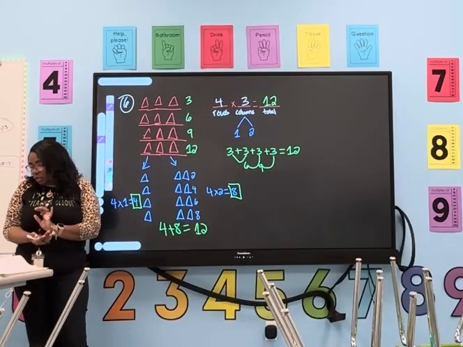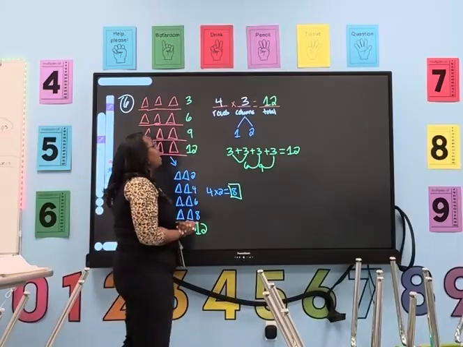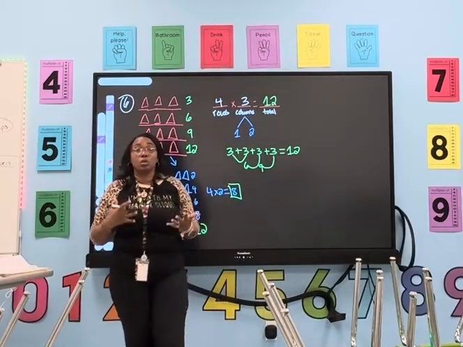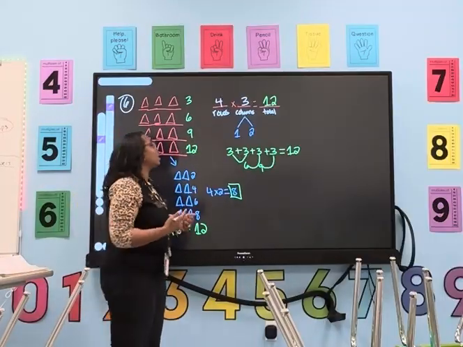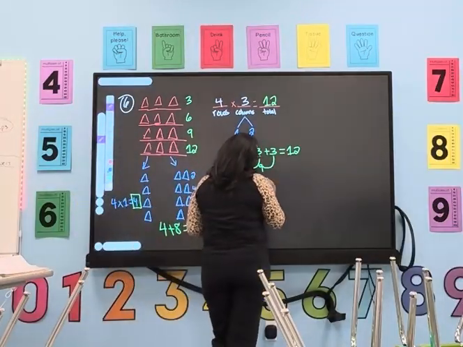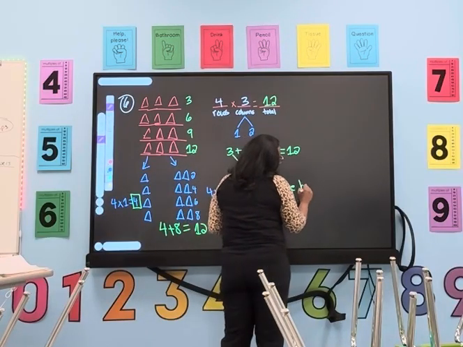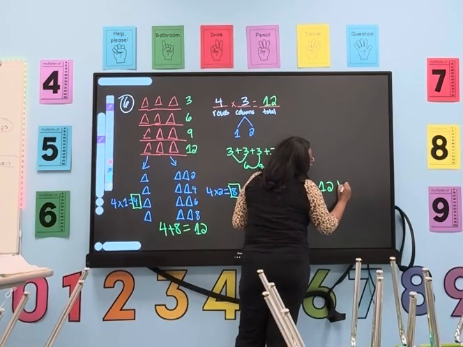Our question asked us, how many bird feeders does Augie hang in all? Well, remember, it's a story problem and we have to answer the question. So we can say with the word sentence, Augie has 12 bird feeders in all.